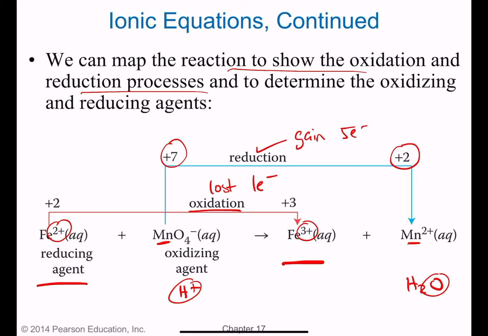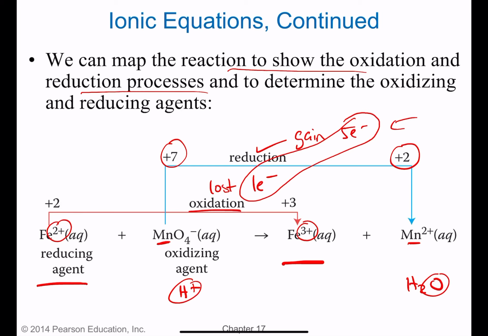Now, you may remember, hopefully you do remember from a few slides earlier, the electrons have to be balanced. For however many electrons are lost, the same number needs to be gained. So in order to remedy that in this example, what we would do is balance the redox reaction, but that is a whole other topic because it's not just a matter of balancing the atoms like we've done with other practice problems.